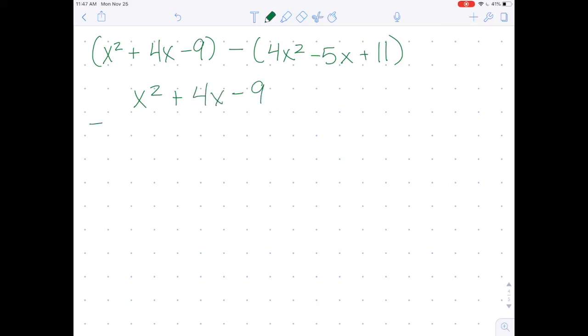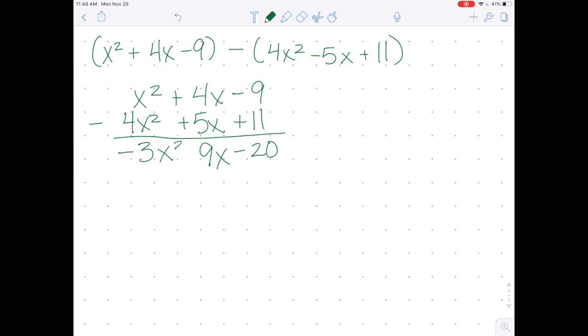And we're subtracting 4x squared, negative 5x, positive 11. So negative 9 minus 11 gives us negative 20. Positive 4x minus negative 5x makes it 4x plus 5x, which gives us 9x. And x squared minus 4x squared is negative 3x squared.